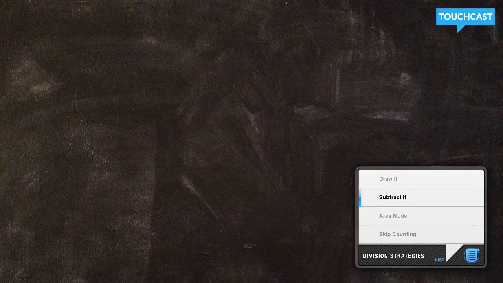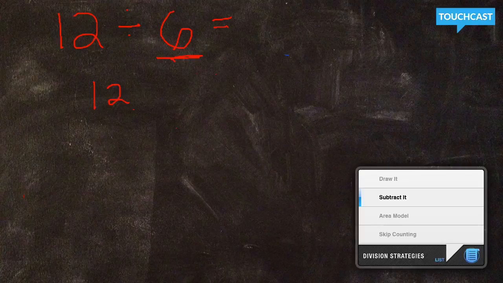Using the subtraction strategy, let's do 12 divided by 6. All right, so we're going to start with the number 12, and we're going to subtract 6 until we get to the number 6. This one's going to be a quick one.